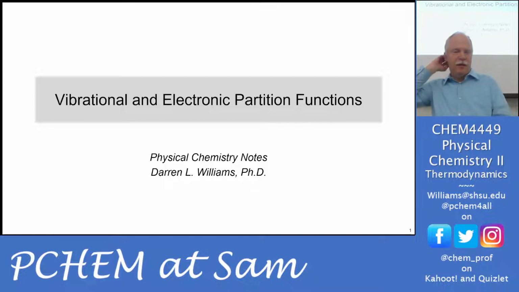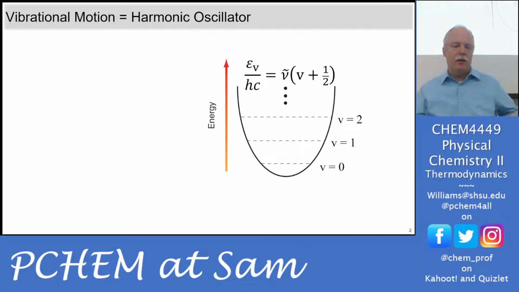So we're going to get into the vibration and electronic partition functions today. Let me just check one more time to make sure it's recording. Okay. And so for vibrational motion, we have this harmonic oscillator energy equation, which is the vibrational frequency times the vibrational quantum number.